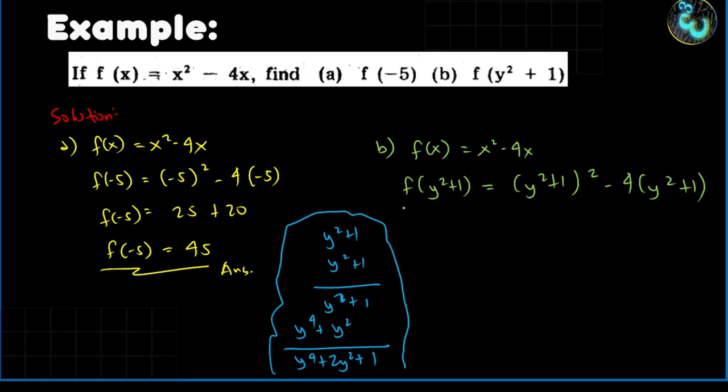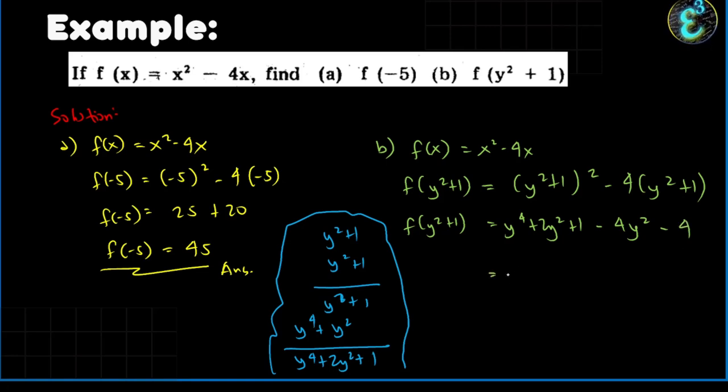We are going to substitute that here. So f of y squared plus 1 is equal to y to the fourth plus 2y squared plus 1 minus 4 times y squared plus 1. That will be negative 4y squared, and negative 4 times 1 will be negative 4.